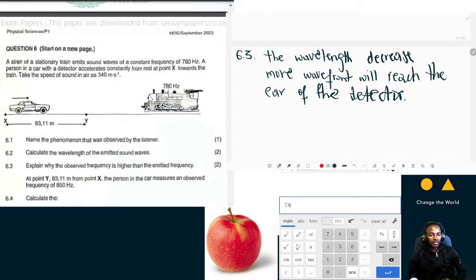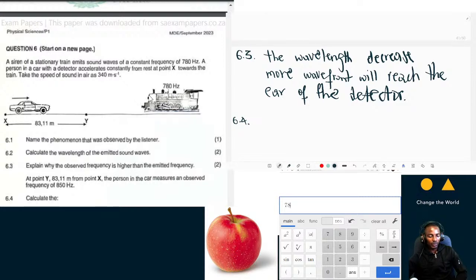All right. Then 6.4. At point Y, the car was accelerating from rest at X, then it underwent a displacement of 83.11 meters. Then at point Y, the person in the car measures an observed frequency of 850.